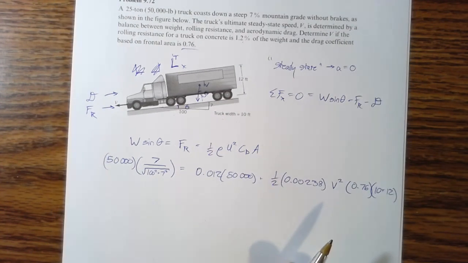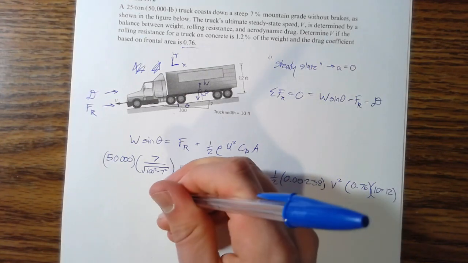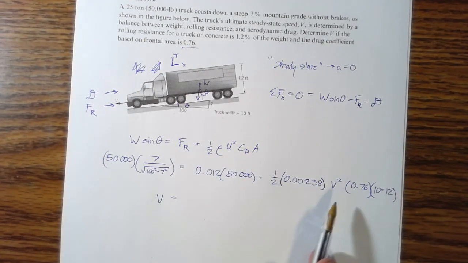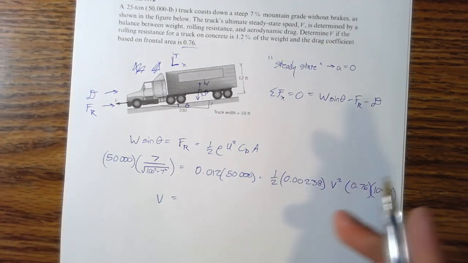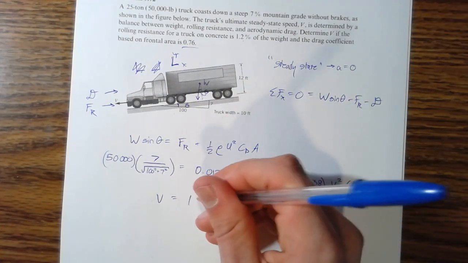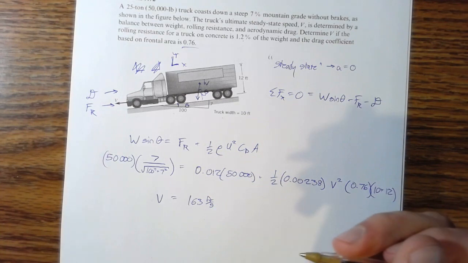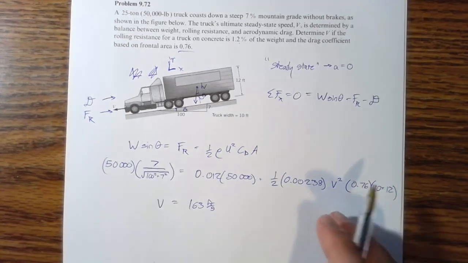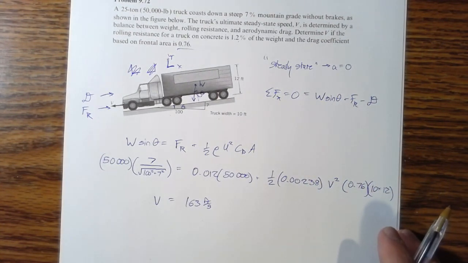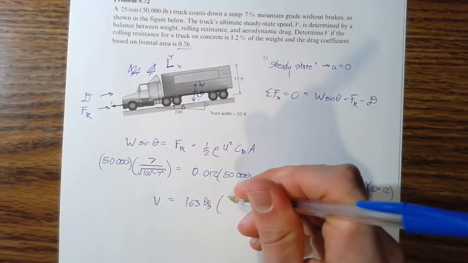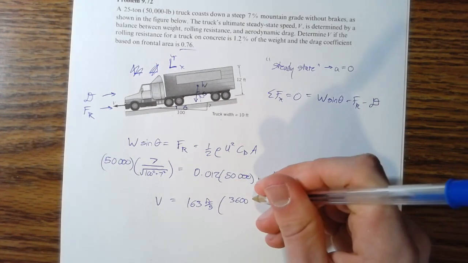All that's left in this problem is algebra. Subtract stuff over, divide it, take the square root, and you should get 163 feet per second. That's not really a velocity unit that we use for vehicles, so we'll convert that to miles per hour.